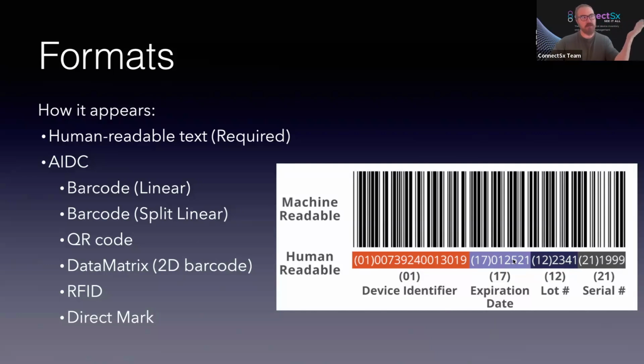So this would be like January 25th, 2021. But that's partially why these numbers get to be so long, is we actually embed the real data in there, so you'll be able to look and see the lot number, if you have kind of a reference point for what it should look like.